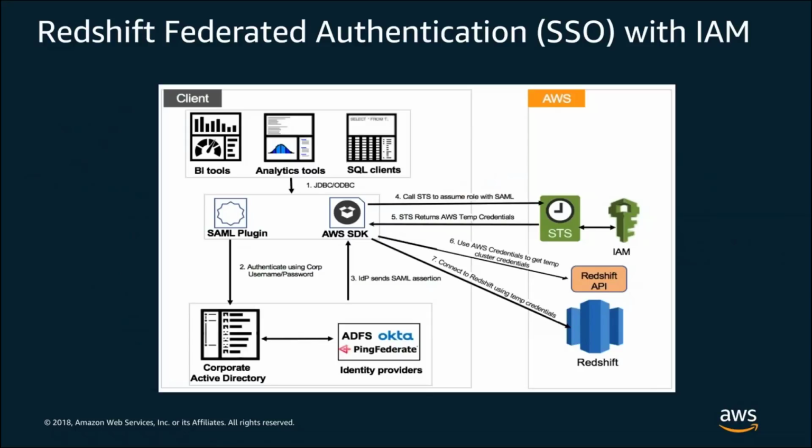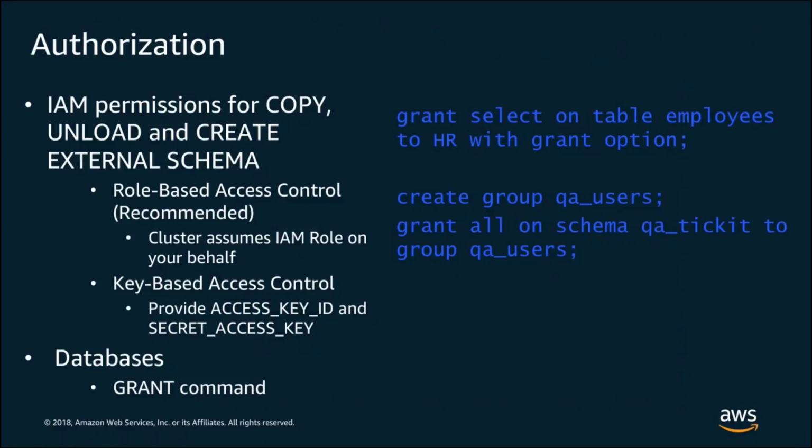If you already manage user identities outside of AWS, you can authenticate those users for access to an Amazon Redshift cluster by integrating the IAM authentication and a third-party SAML 2.0 compliant identity provider, such as AWS, Ping Federate, or Okta in your environment. And these concepts are very well explained in a blog as well as in the Redshift documentation.